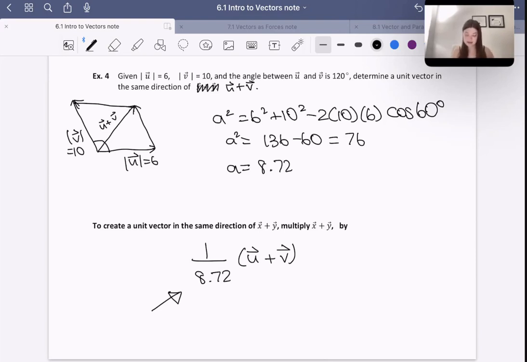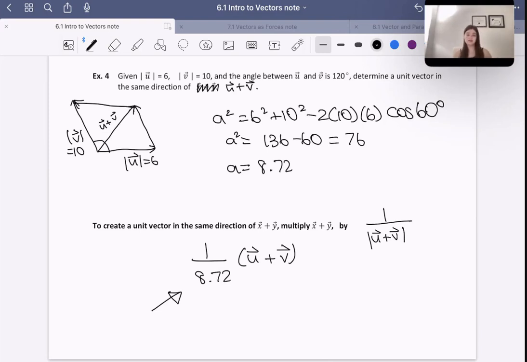It says here also that to create a vector in the same direction we can multiply it by what? We can multiply it by 1 over the magnitude of u plus v. So this is a general rule.